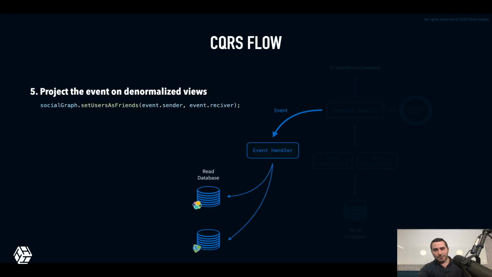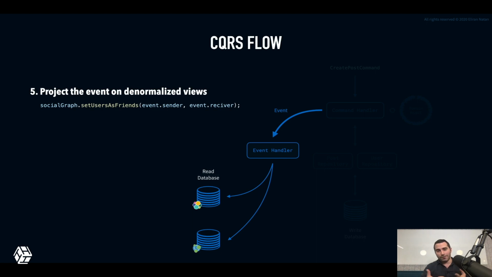So now that we have propagated this event to the read side of the application, each event is picked up by its own event handler. So again, we have a symmetry with commands. Each event has its own event handler. And what the event handler does is basically project the change in state to the read databases.